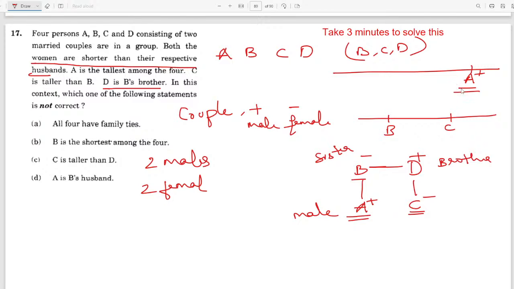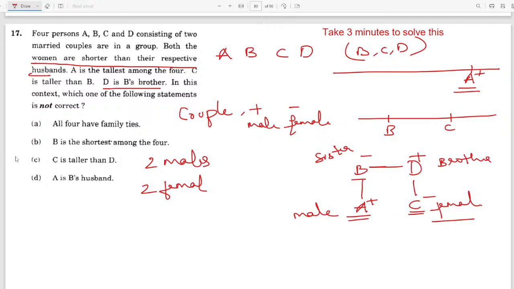So these 2 are siblings, so they cannot be couples. So there are only 2 people left. Since A is a male, A cannot marry D, because they have said that D is the brother, so D is a male. So A has to be B's husband, and C has to be D's wife. So this is male and this is female.